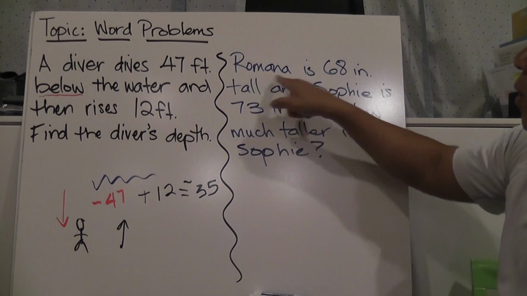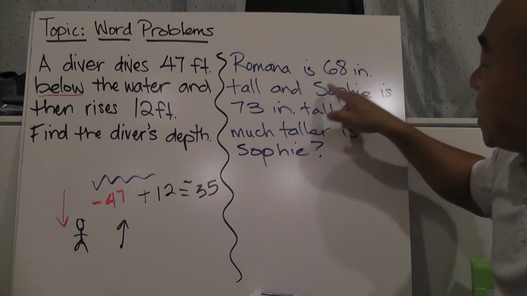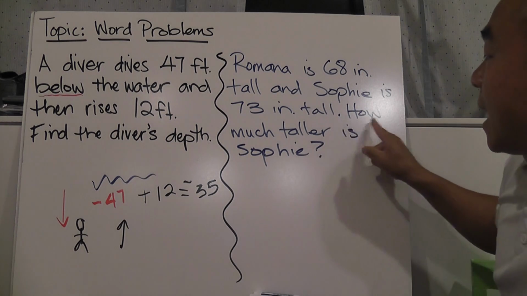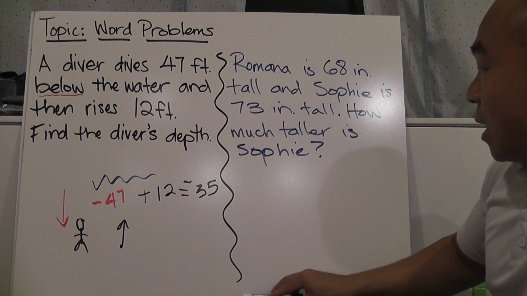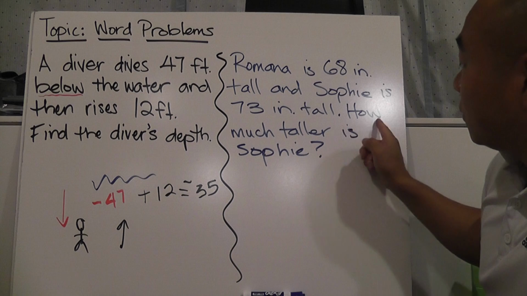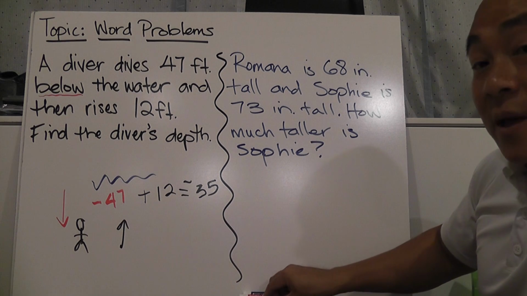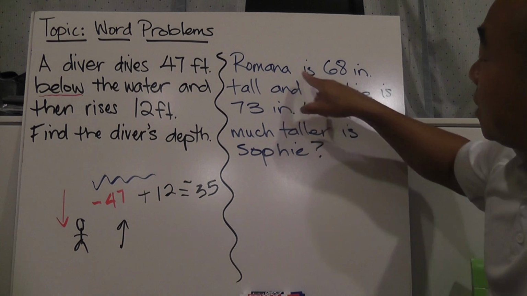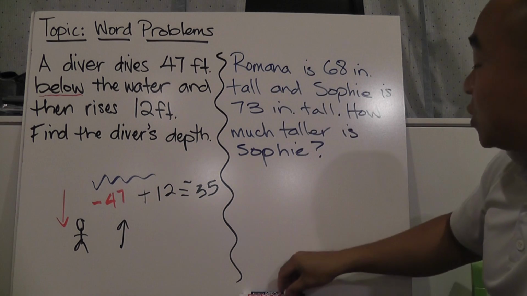Alright, here we have Romana is 68 inches tall and Sophie is 73 inches tall. How much taller is Sophie? Now, a lot of you might look at it and go, well, the words how much could imply that you're adding them together. But we're actually looking at the difference between the height of Romana and the height of Sophie.